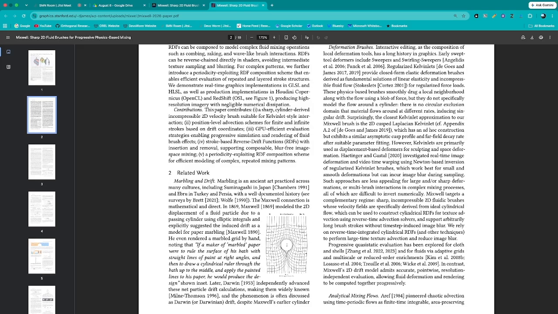with a well-documented history. The Maxwell connection is mathematical and direct. In 1869, Maxwell modeled the 2D displacement of a fluid particle due to a passing cylinder using elliptical integrals, and explicitly suggested that the induced drift is a model for paper marbling.